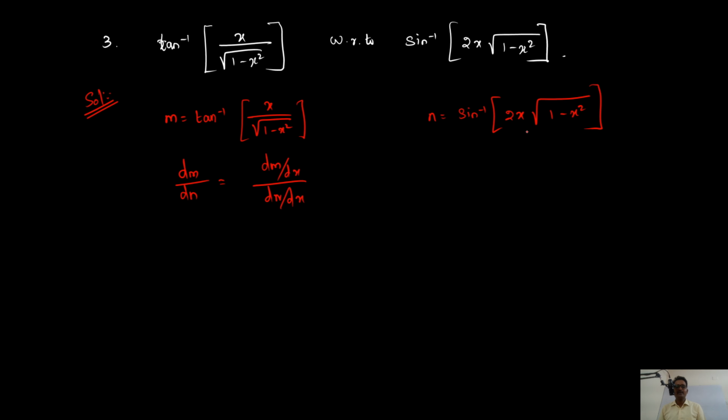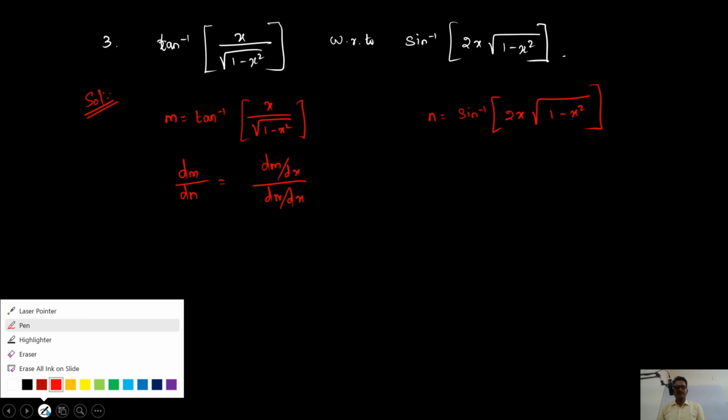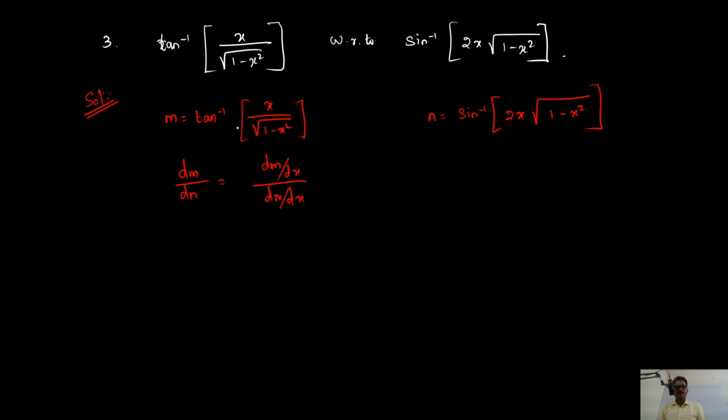Then our work will get reduced a lot. For this process, we have to assume x is equal to some value. So let me take x is equal to sine theta for convenience, so that here you will get it in terms of tan and here in terms of sine.